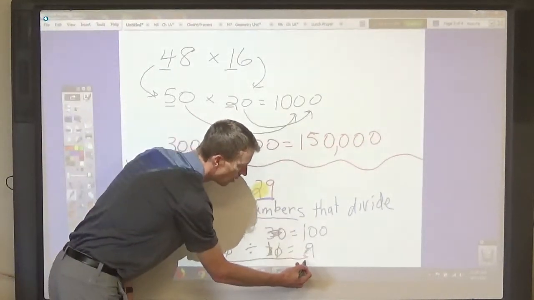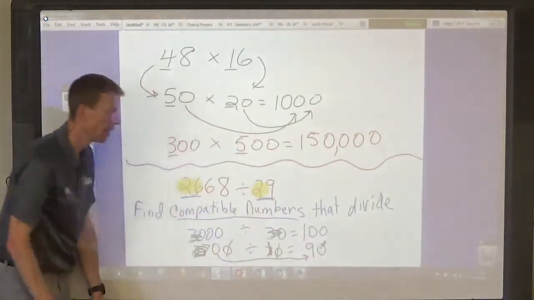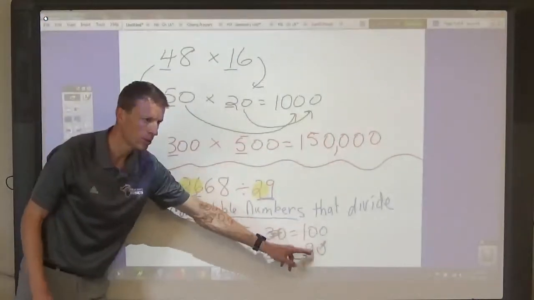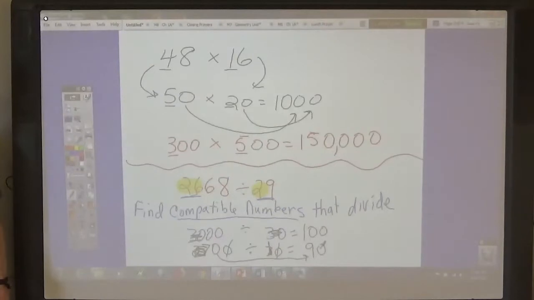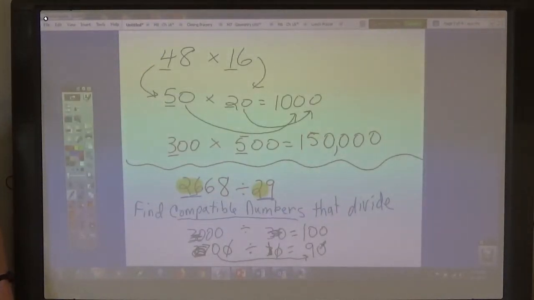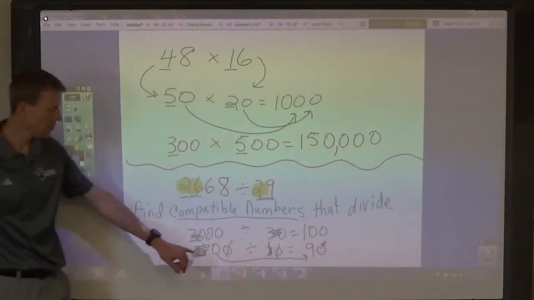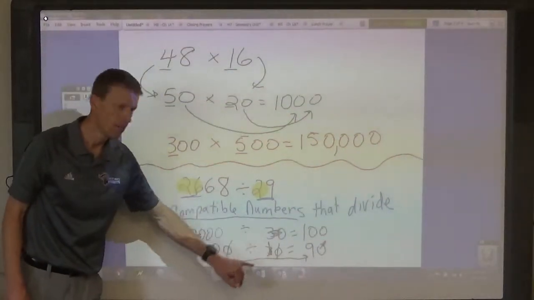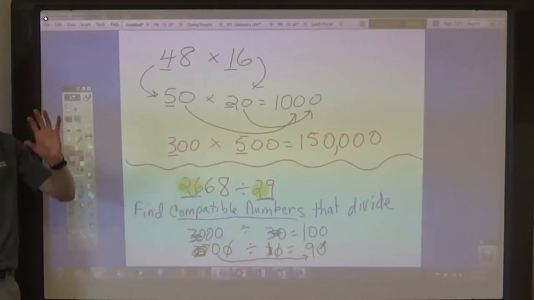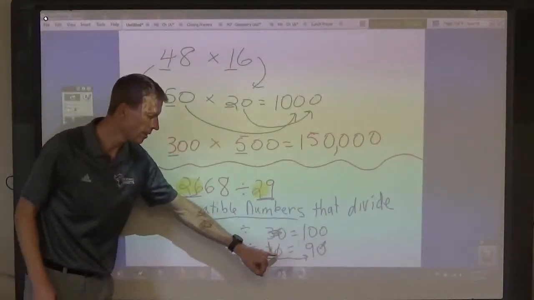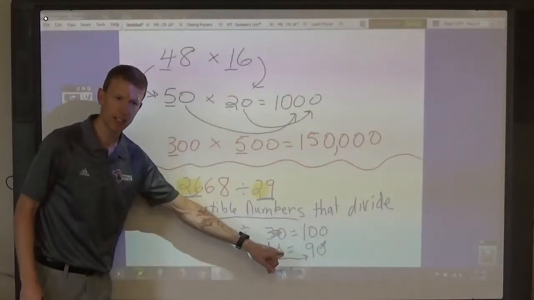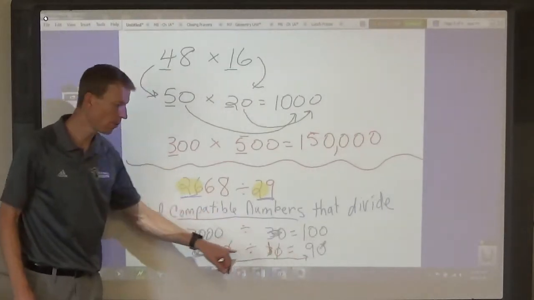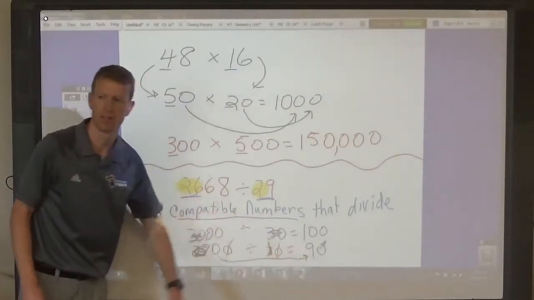So then that 0 goes into the answer. And see, we've got two numbers that are pretty close to each other as our answers. Both of them are good estimates. And this is how you divide the bigger numbers. So just remember that if there's zeros left, they cancel each other out. And then the remaining zeros go into the answer.